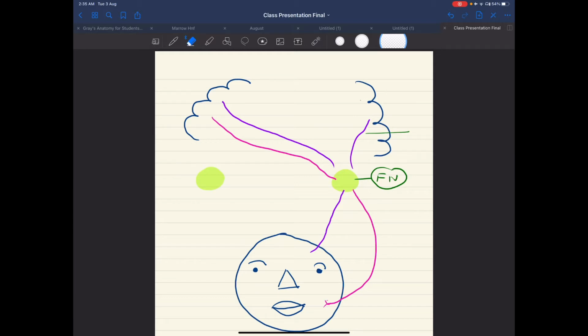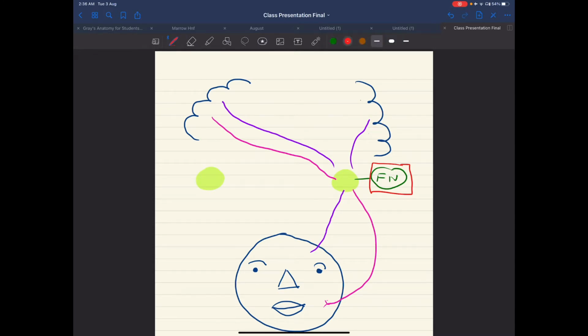So let this be the facial nucleus, that is, the nucleus of the facial nerve. This, and this, what are these? These are corticobulbar fibers coming from the higher centers.